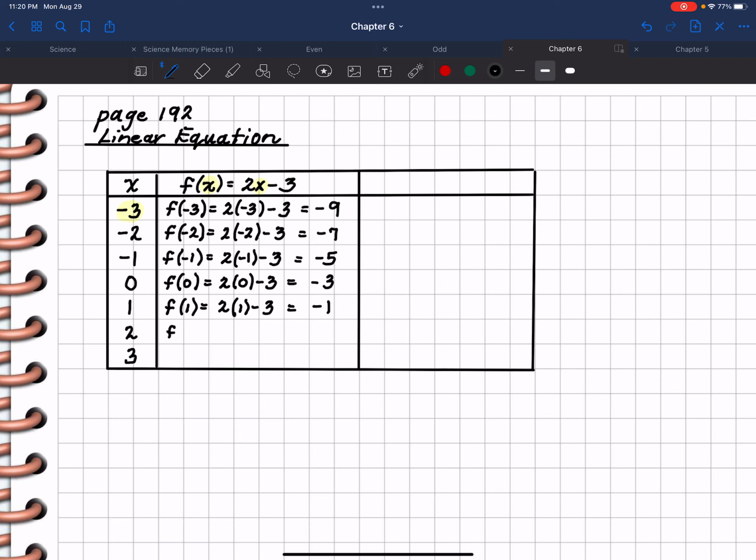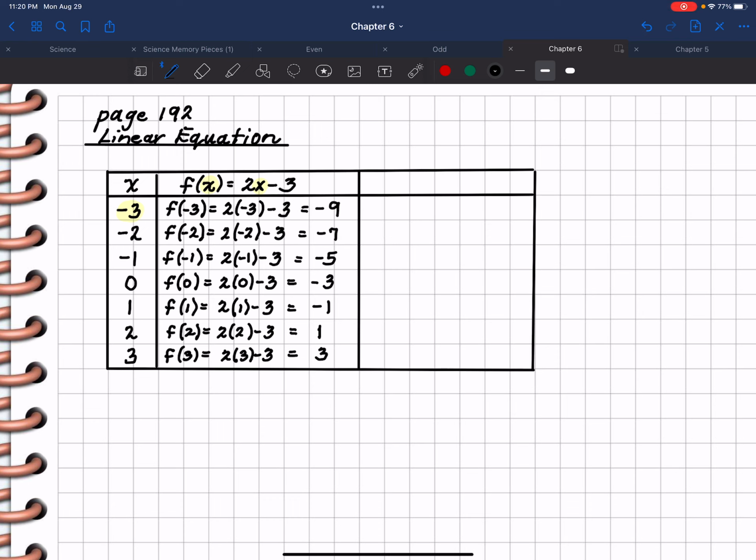And then f of positive 2 is going to be 2 times 2 minus 3. So 4 minus 3 is positive 1. And then finally, f of 3 is 2 times 3 minus 3, which is going to be 6 minus 3, or positive 3.